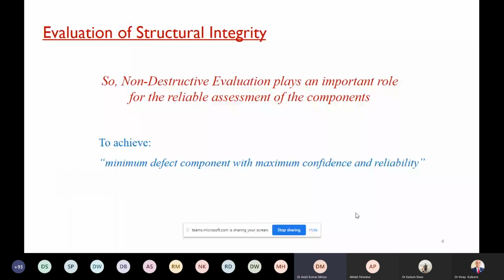So finally, non-destructive evaluation plays an important role in the reliable assessment of components, to achieve, and this is very, very important, minimum defect components with maximum confidence and reliability.